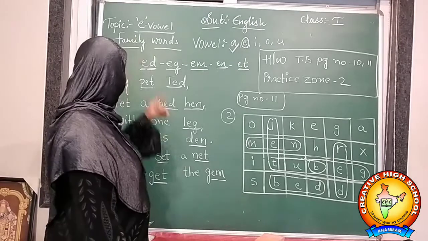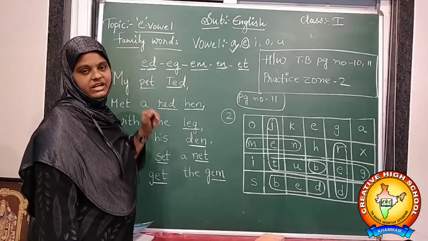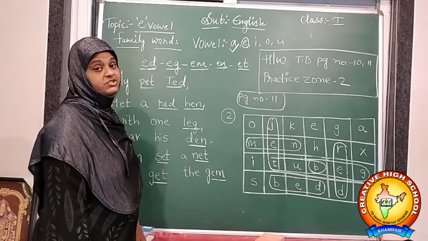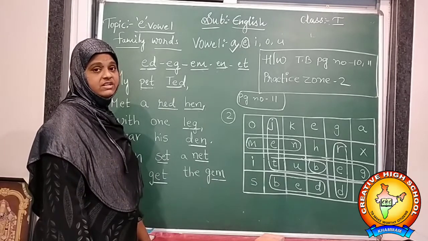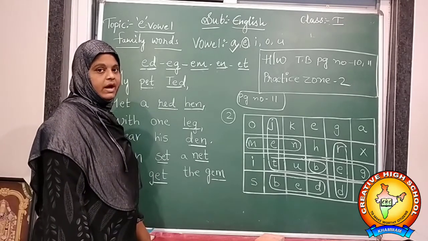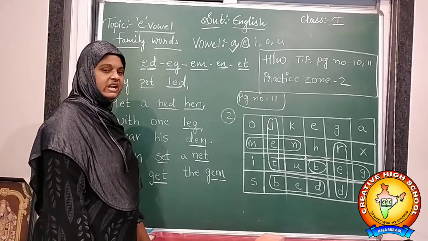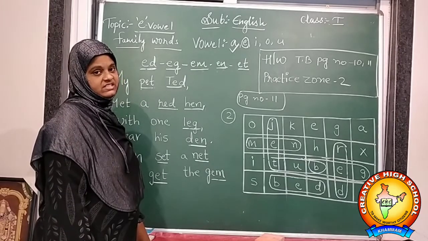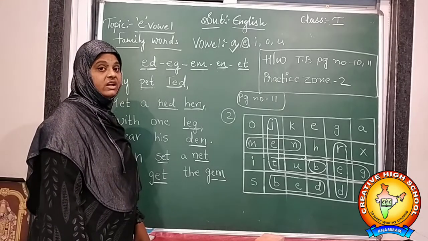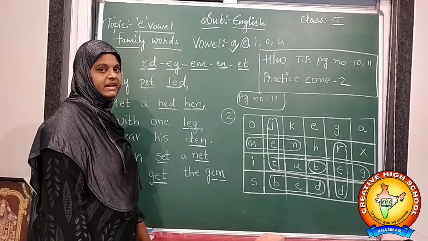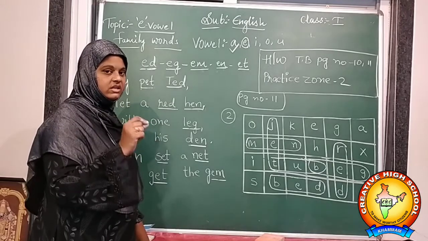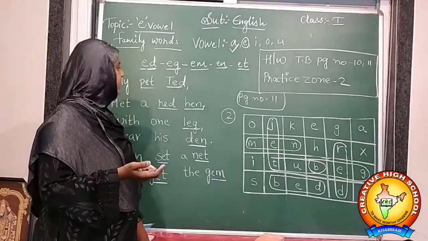In the second topic we have learnt about E letter words. You must be perfect about E letter words and A letter words, so I am going to ask you in the next session. You have to be ready for what words will come in the middle. You have to pronounce the sound and tell.